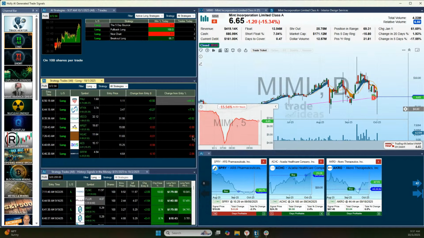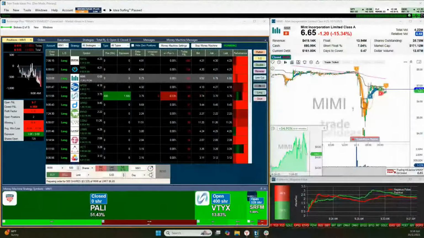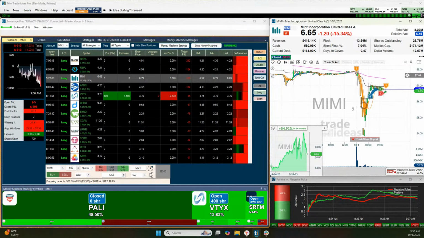That's the math, okay? Yeah, a 55% win rate is very good. The key is managing risk. All trading is a risk management sort of thing. You're managing your risk. That is the key.